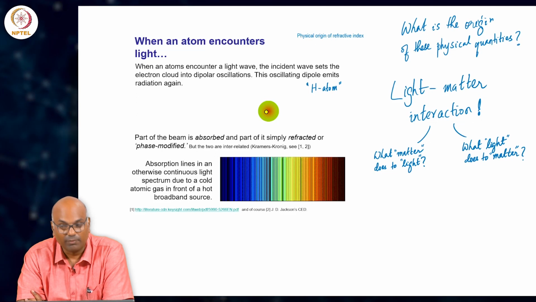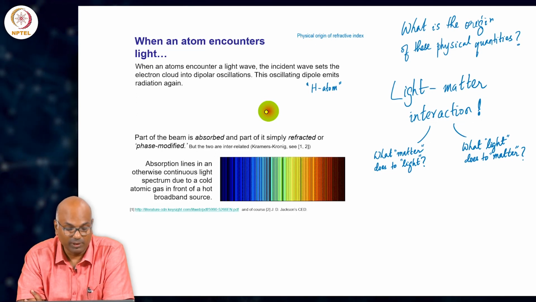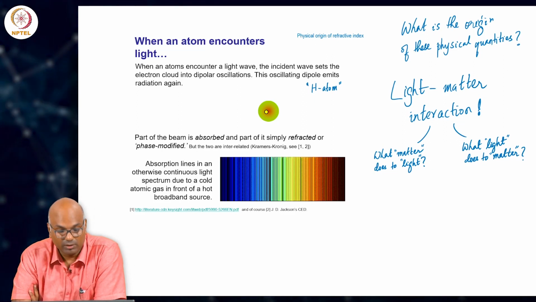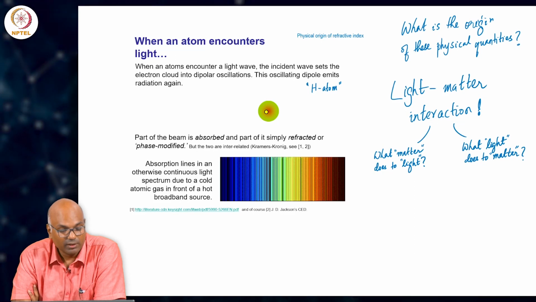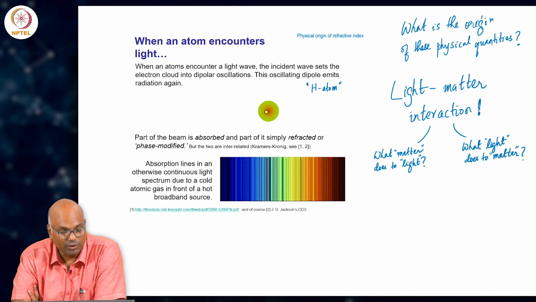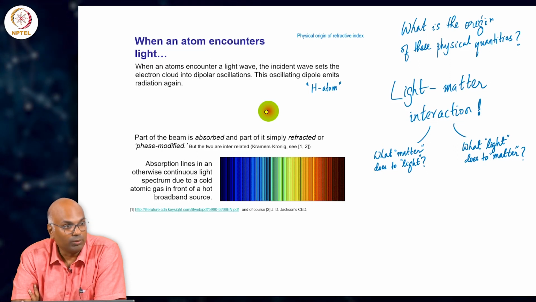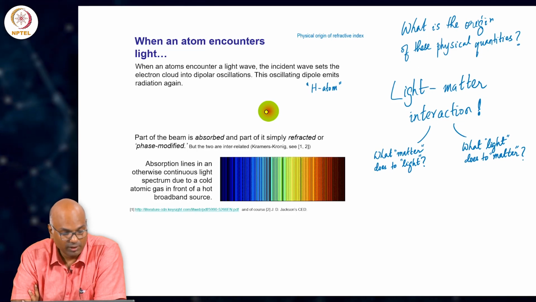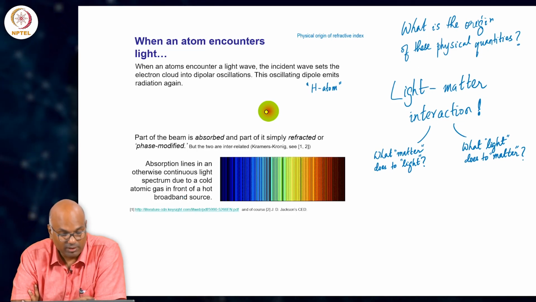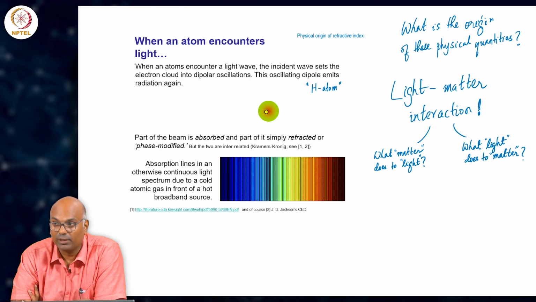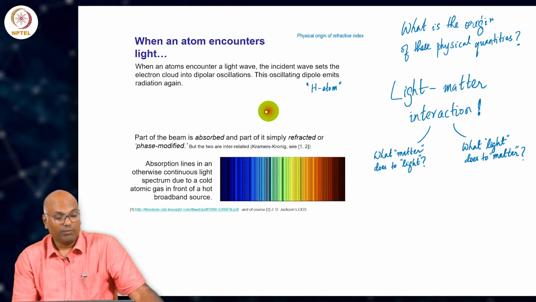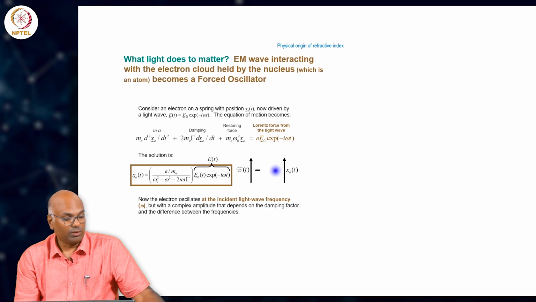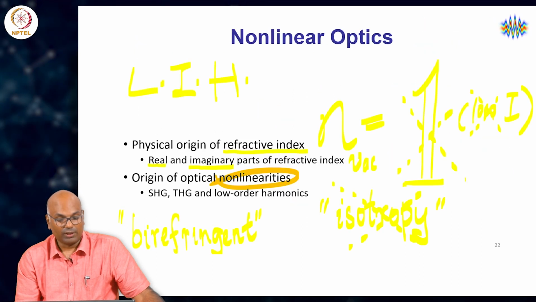If you are an advanced physics student, you have no problem with this picture. You know this at many levels of complexity. But if you are new to some of this physics, this picture of a positively charged nucleus with an electron cloud around it, which is a fairly accurate description of this scenario, is good enough, provided we just simply bring in notions from electrodynamics, which we know very well, wherein we say that when an atom encounters a light wave, it sets the electron cloud into oscillations.